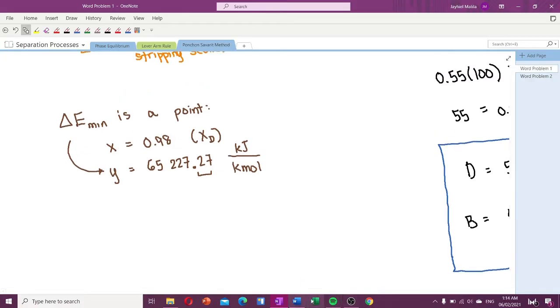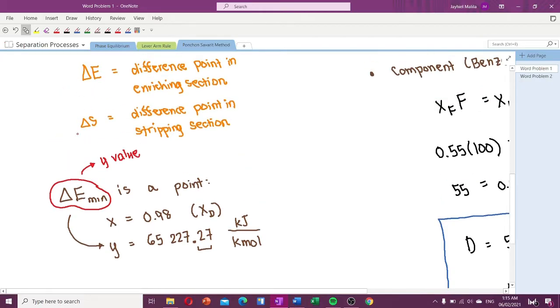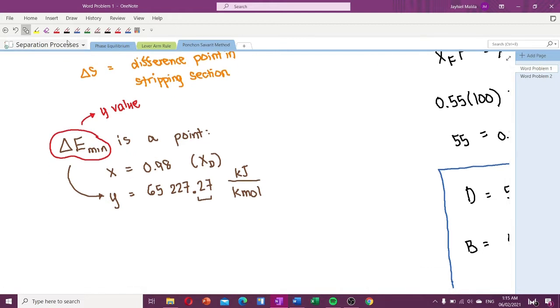It's somehow confusing because most books usually refer to the delta E min term as the y value, but it's also confusing because delta E and delta S are actually points, like point labels. That's why I emphasized that the y value of delta E min is what we are actually referring to.